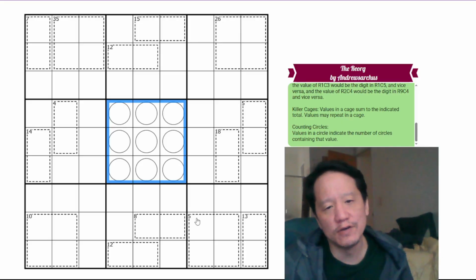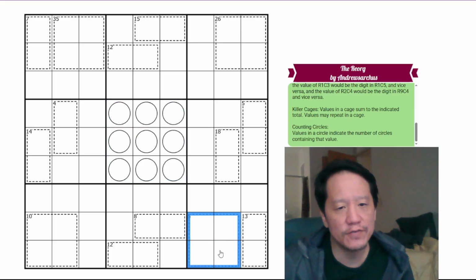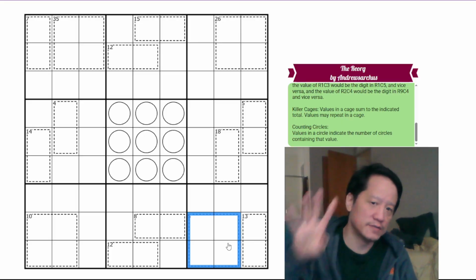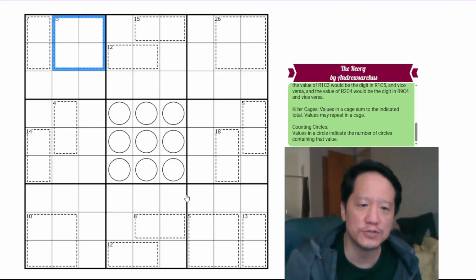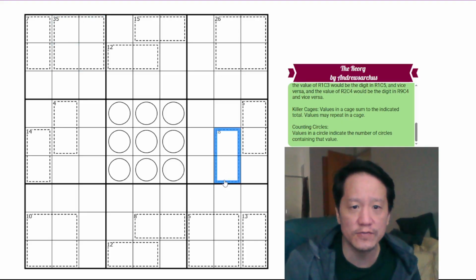We also have a value of 5 for 4 cells. That's interesting. We have a value of 35 for 4 cells. Those are the ones that stick. Okay, a value of 18 for 2 cells.